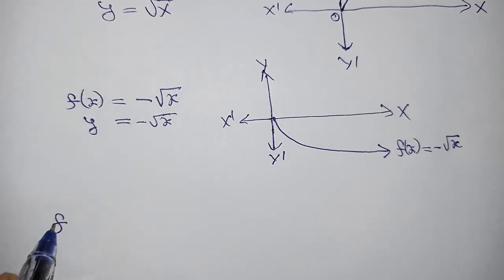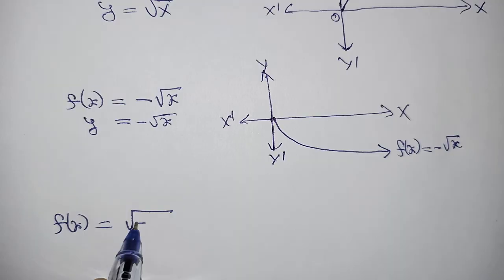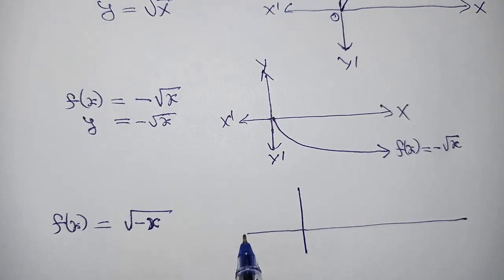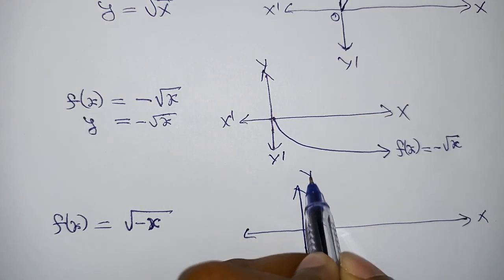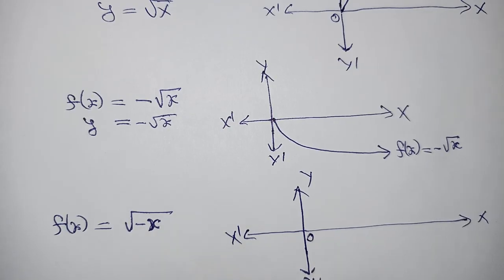And next, when we take f of x equal to square root of minus x, now we are taking the negative sign inside the square root. So how to represent this? This is x, this is y, x dash, y dash, and this is 0.